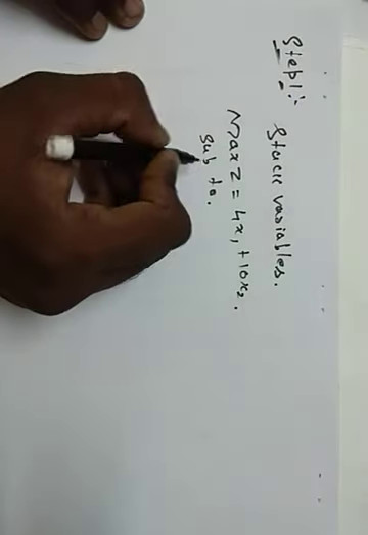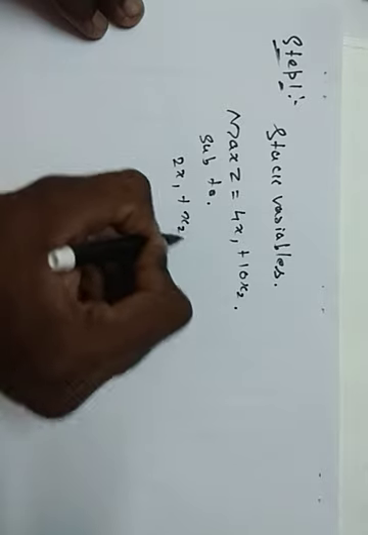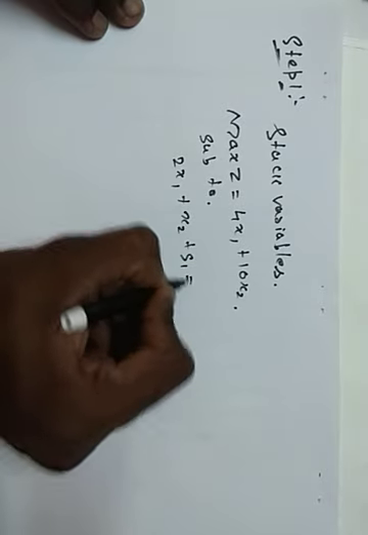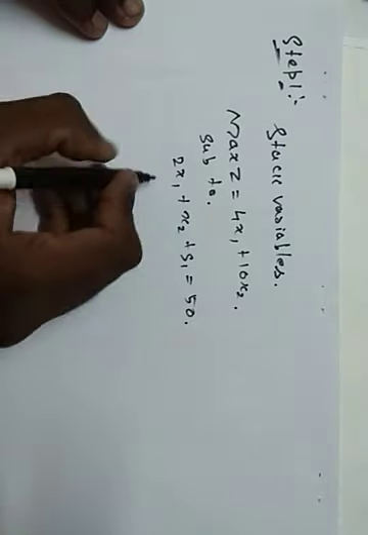Now we'll be adding the slack variables. So 2x1 plus x2 plus s1 equal to 50, and 2x1 plus 5x2 plus s2 equal to 100, and 2x1 plus 3x2 plus s3 is equal to 90. Now we have inserted the slack variables, that is s1, s2 and s3.